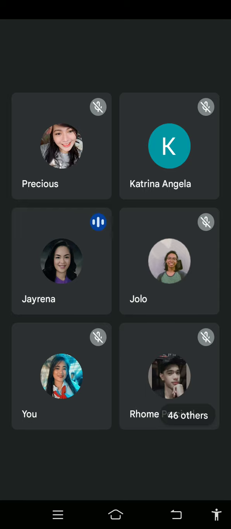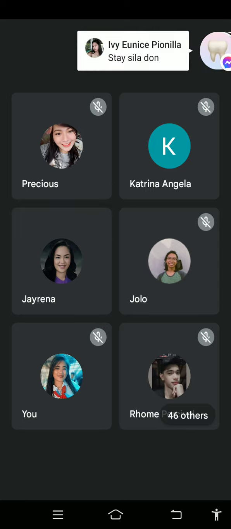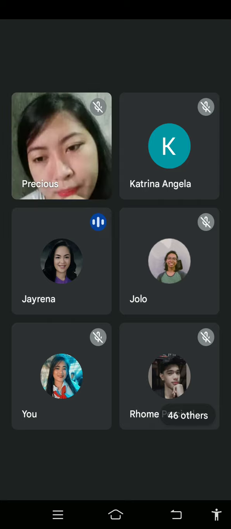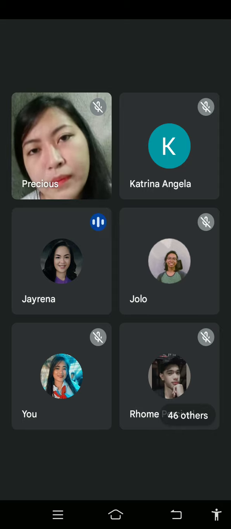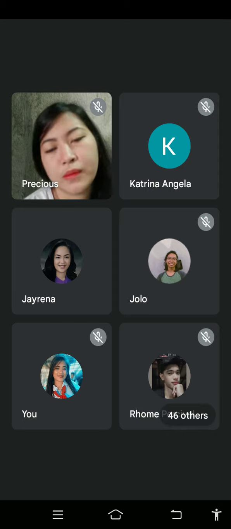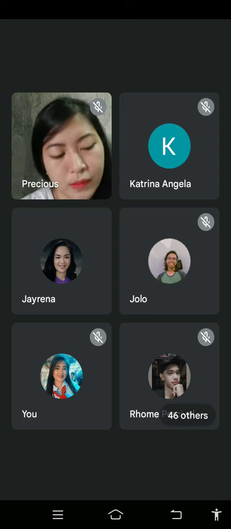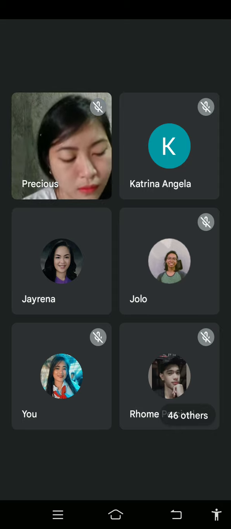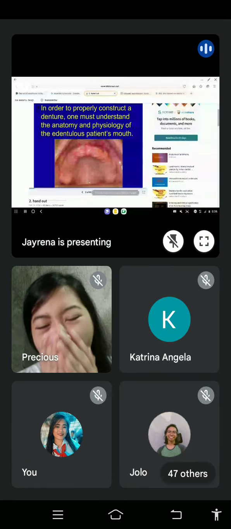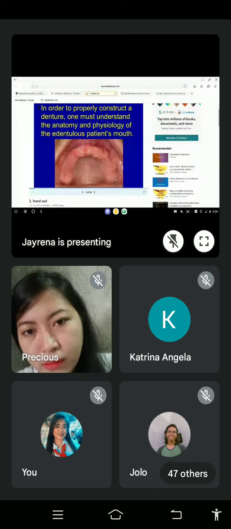Maxillary tuberosity. Very prominent ito sa mga patient na edentulous or yung patient na walang ngipin. Maxillary tuberosity, this is it. Ito yan. Importante yan para sa inyo. Why?